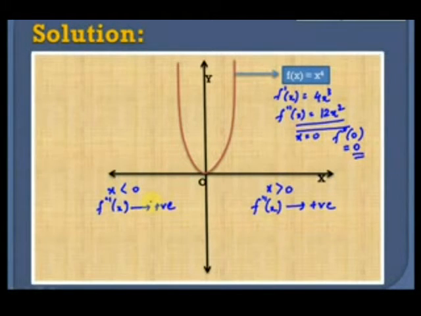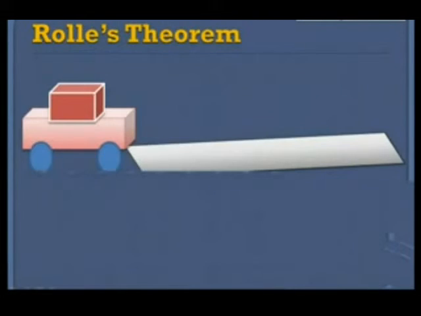And so we see that on both sides of the point x equal to 0, the nature of curve remains the same. Hence it cannot be a point of inflection, because for the point of inflection we know that the nature of curve must change. Thus x equal to 0 is not a point of inflection. So we can say that this curve does not have any inflection point.